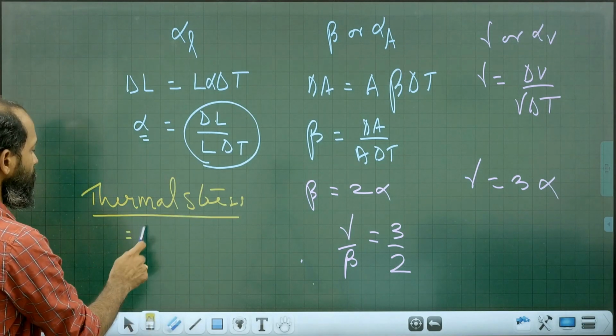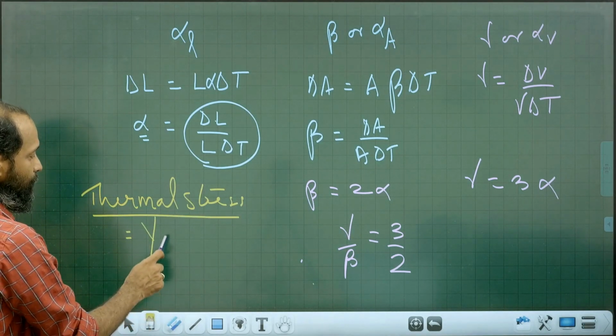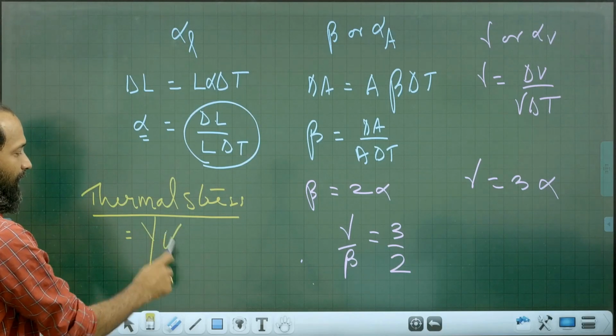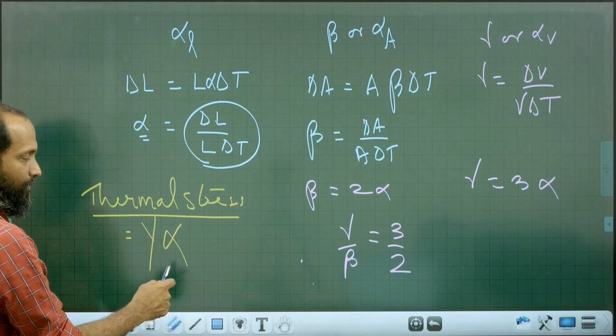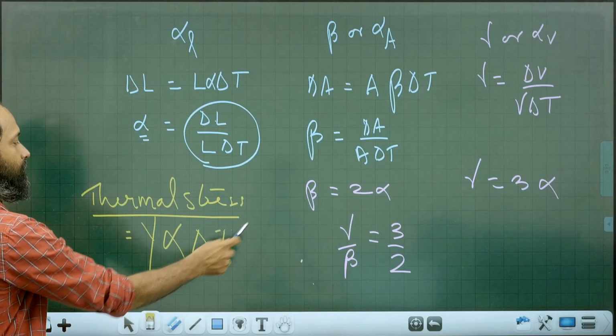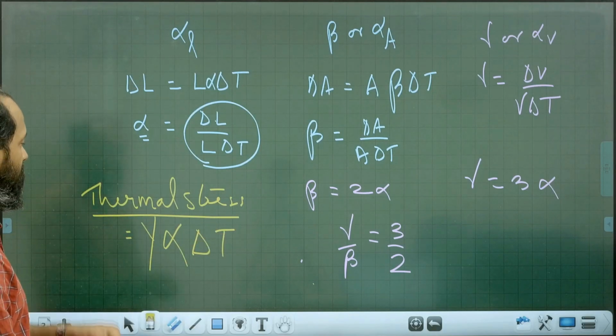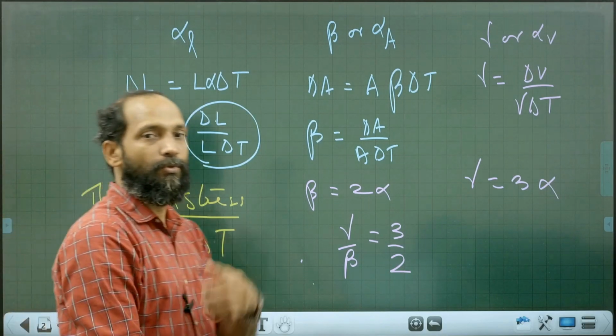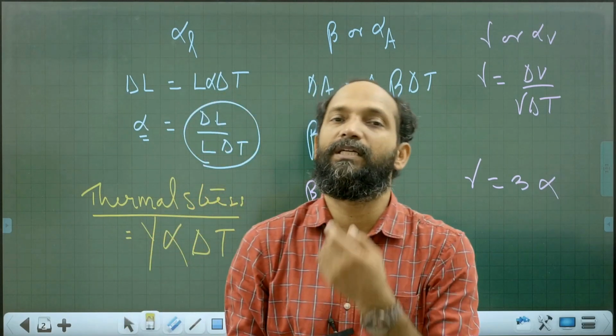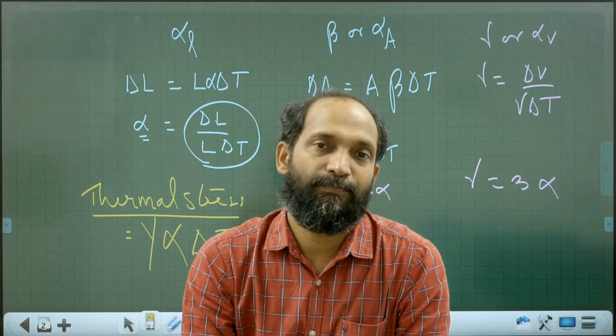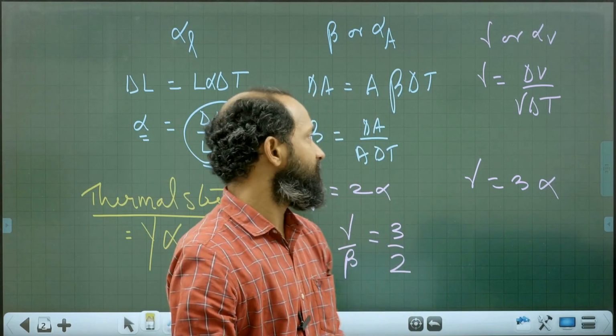Thermal stress is equal to Young's modulus Y into linear expansivity of the rod alpha into delta T, Y alpha delta T, and thermal strain is equal to alpha delta T. These are things we have revised already in previous chapters.